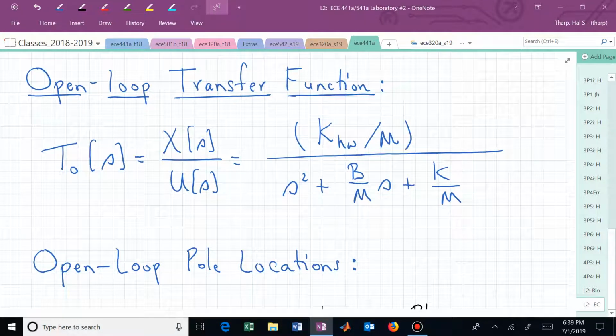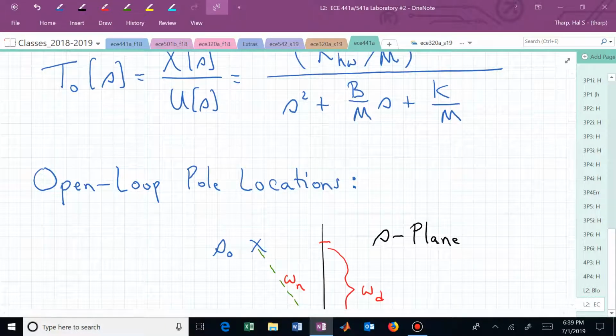Obviously that open loop transfer function will depend on your particular spring constant and mass. K hardware is going to differ a little between the systems, and the damping coefficient will also vary slightly between the different systems that you're playing with.